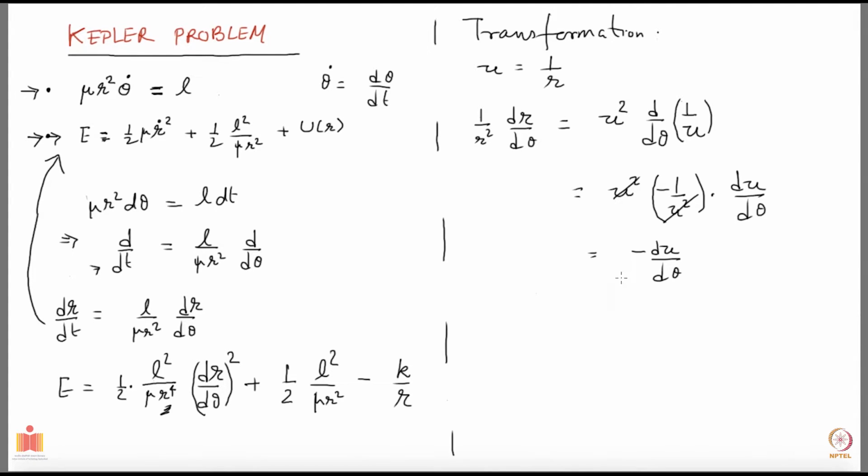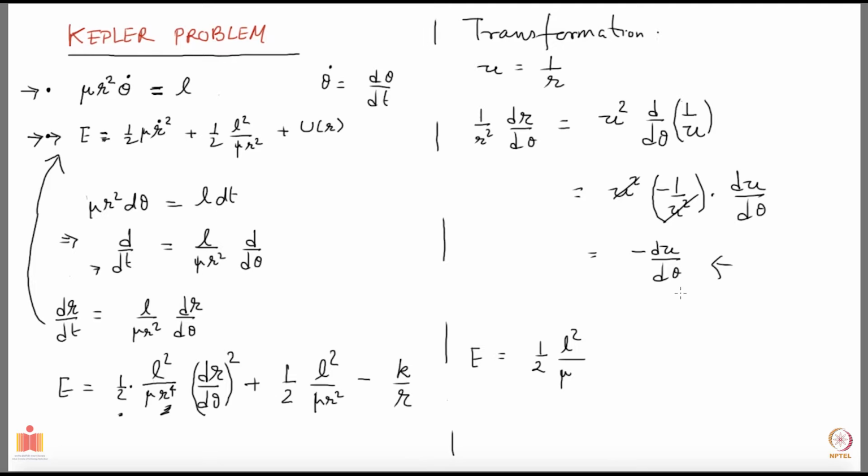Okay, so if I substitute this quantity in here, I get E is equal to half L squared over mu. That's correct.